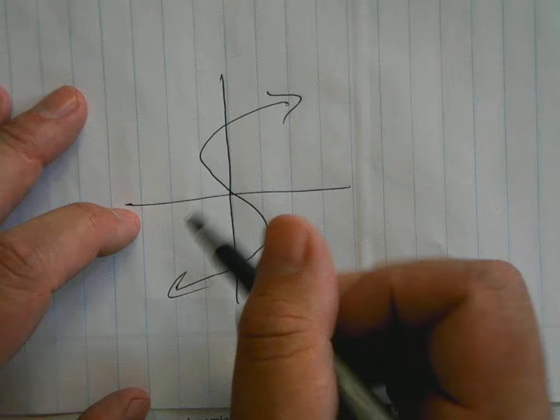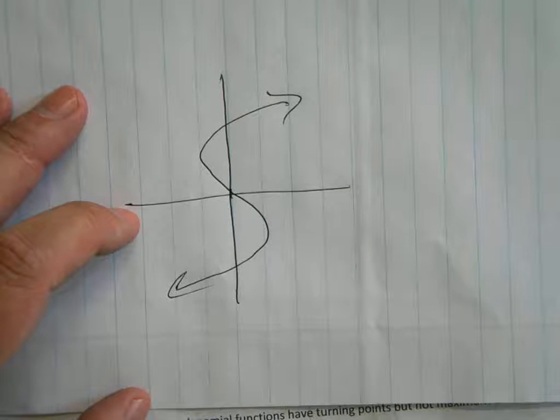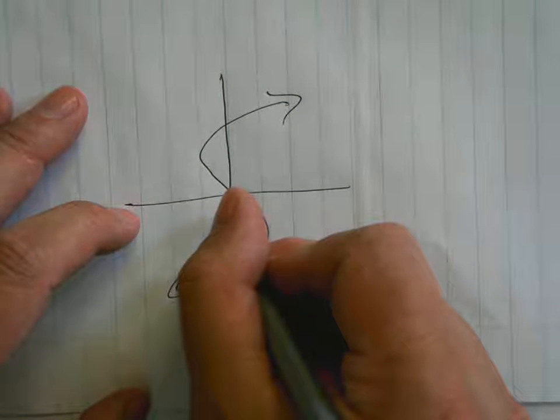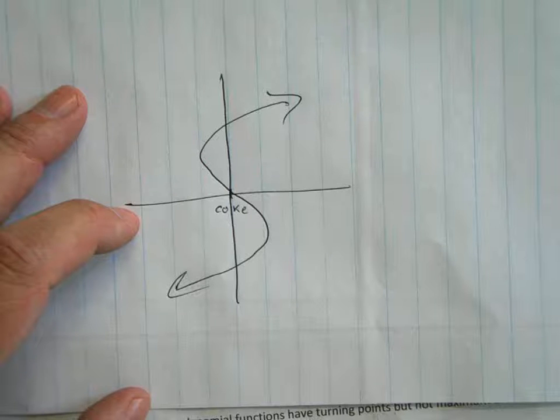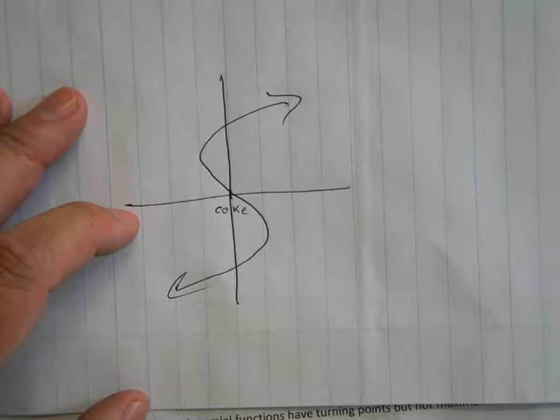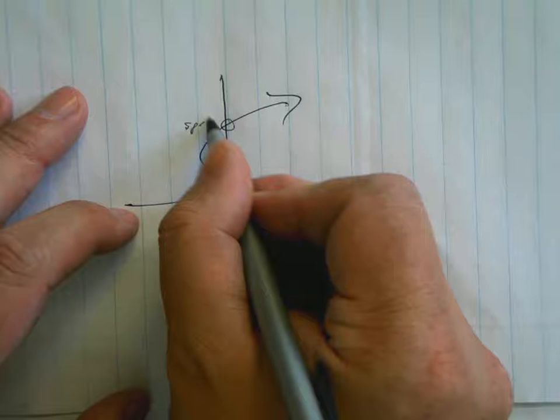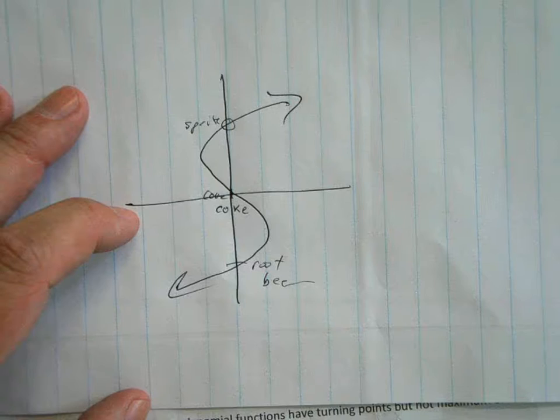So if I press the Coke button, what should I get? A Coke. The y-axis is my output. What this graph is doing is saying if I press the Coke button, I could get Coke, or I could get Sprite, or I could get root beer. For that one x value, 0, for example, there are 3 different y values. That's not a mathematical function.